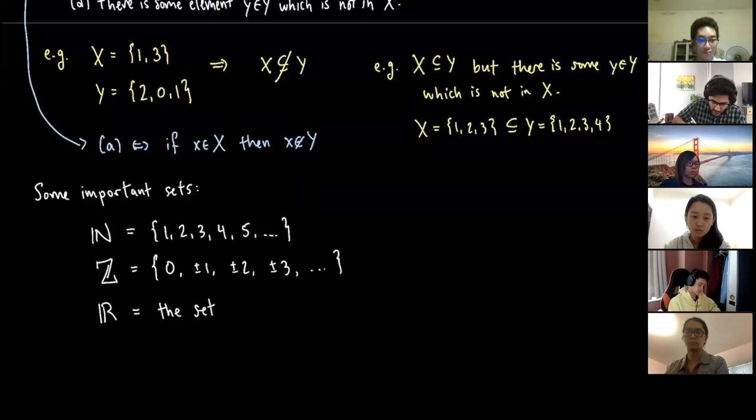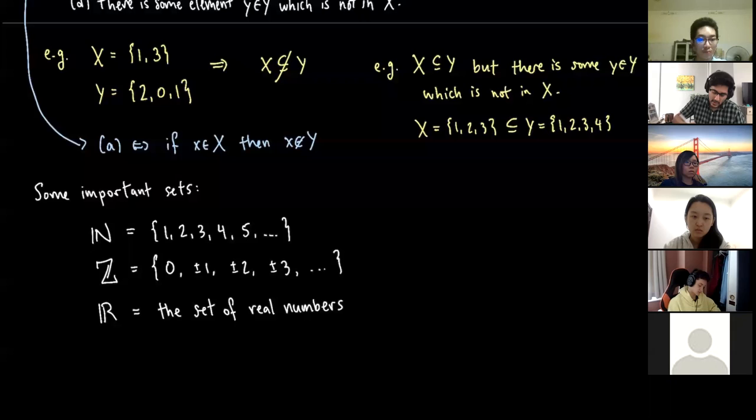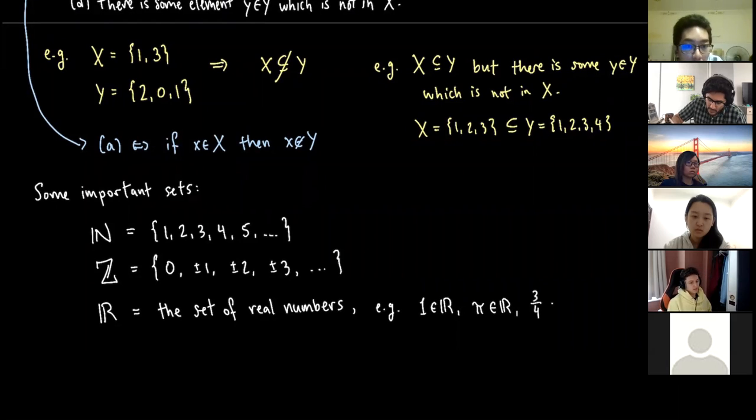It's hard to describe the real numbers set theoretically without going into a lot of technical stuff from an advanced course. So I'll just say it like this. An example would be 1 is a real number, pi is a real number, 3 over 4 is a real number, and so on.